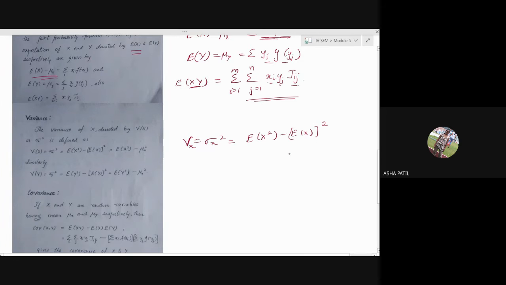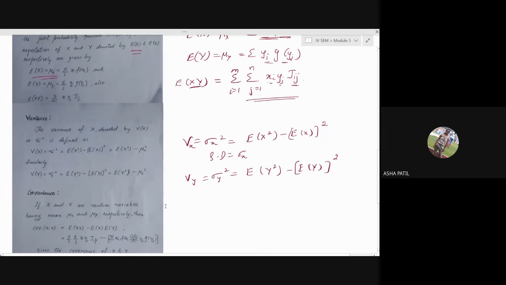So this will give you the formula for variance, and from this you can go for the standard deviation, which is sigma x. Similarly for y, V of y is sigma y whole square, which is expectation of y square minus expectation of y whole square. This will give you the variance with respect to y.